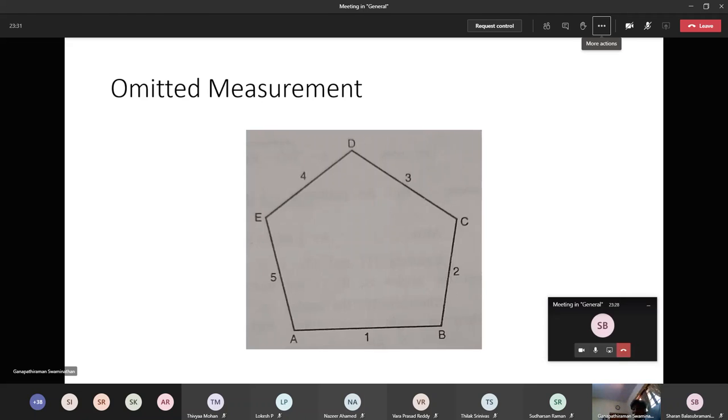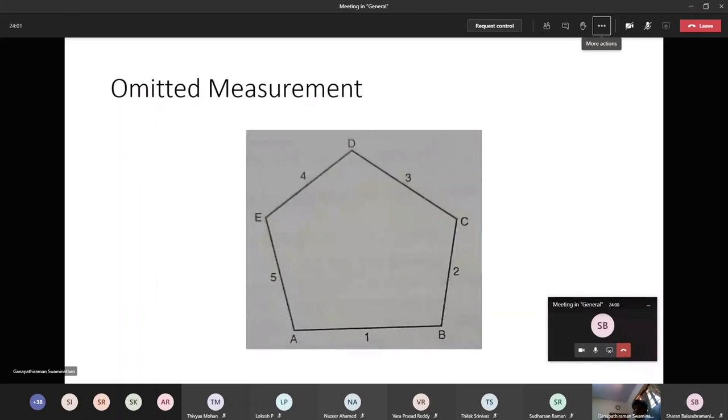The theory says that sigma L is equal to 0. So latitude of AB, latitude of BC, latitude of CD, latitude of DE, latitude of EA equal to 0. So what is the latitude of EA? It is L cos theta.